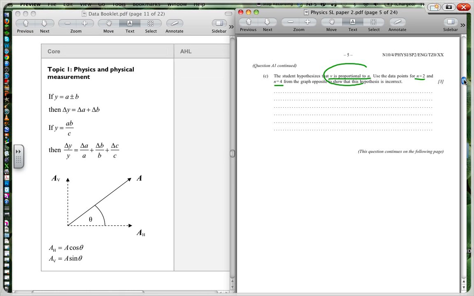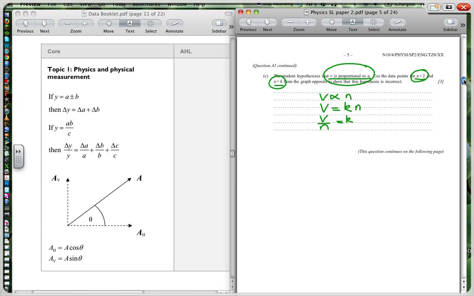Now, whenever you have a proportional graph, if I've got V is proportional to N, that means that V is equal to some constant K N, or V over N is equal to a constant. So what we've got to do is take our values for V and N. We need to take it for N is equal to 2 and N is equal to 4. And we've got to divide the two and see if they come to a constant K.